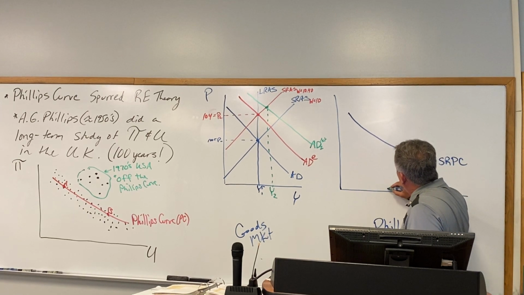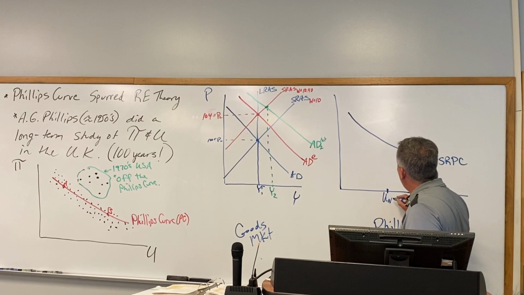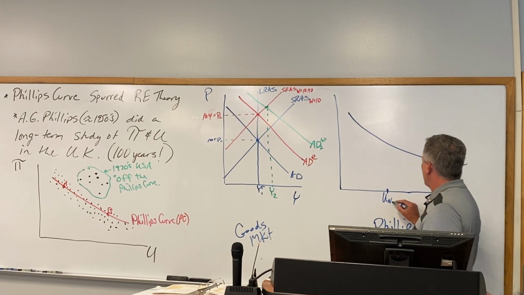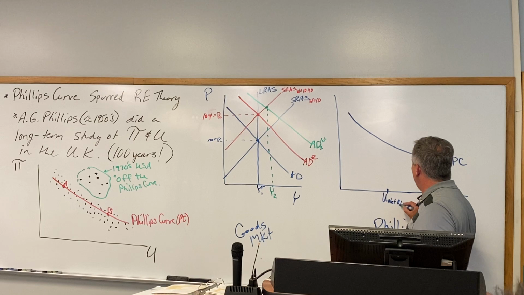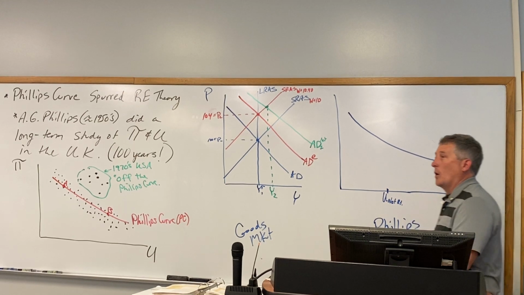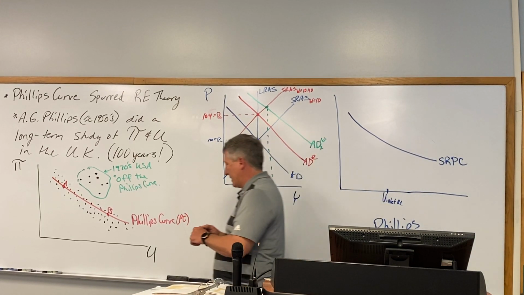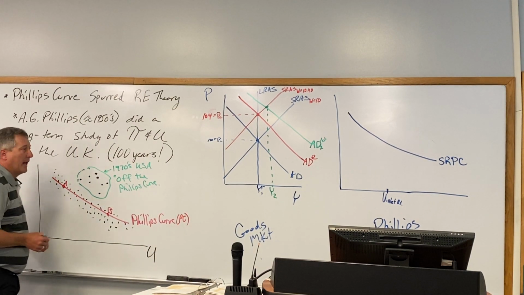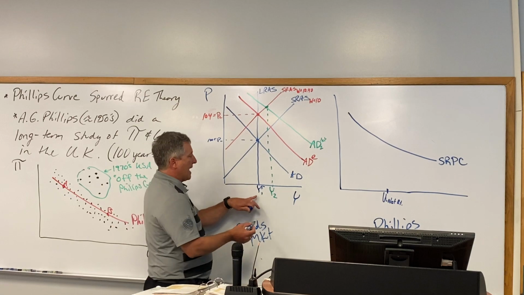And a special anchoring spot we need to have is the natural rate of unemployment. So remember, this is the natural rate. A healthy economy is experiencing their natural rate when the economy's at full employment.